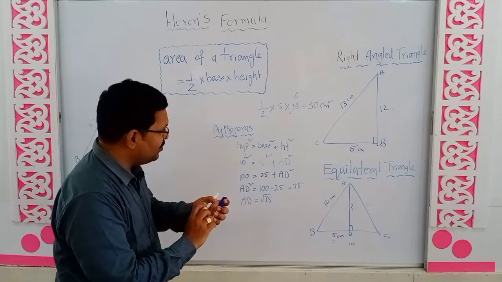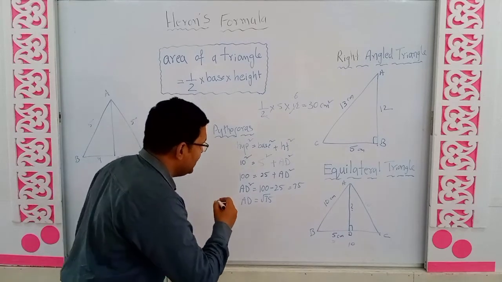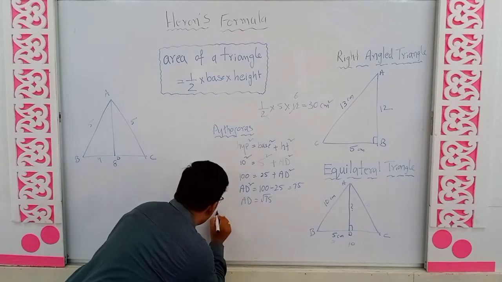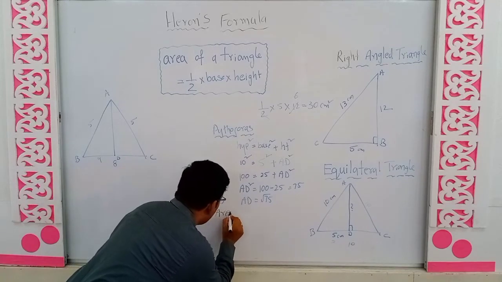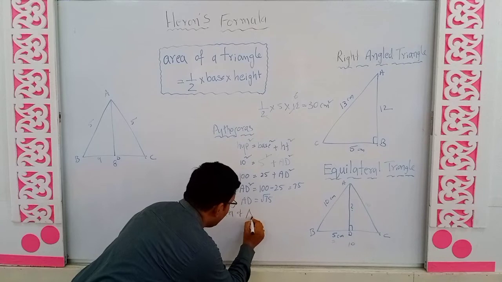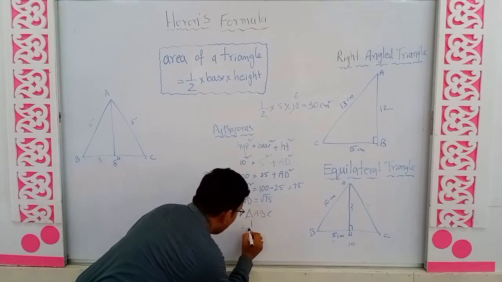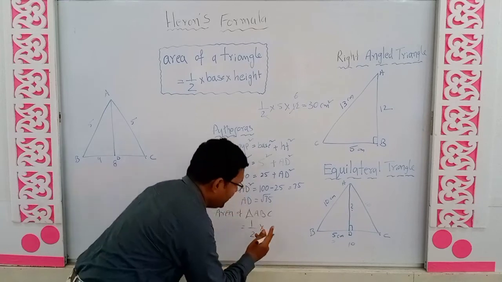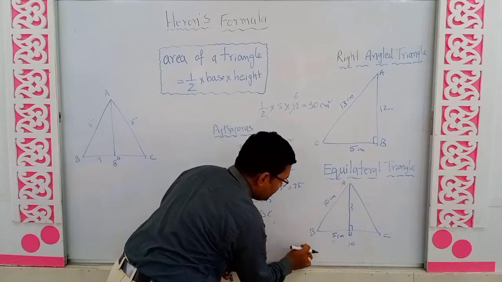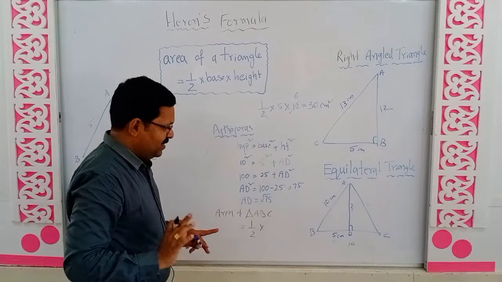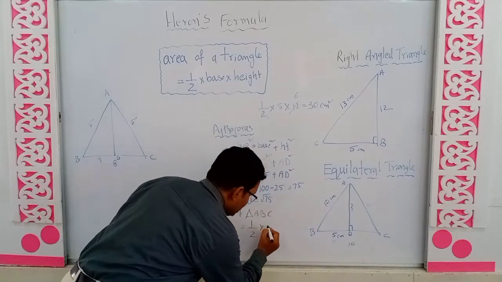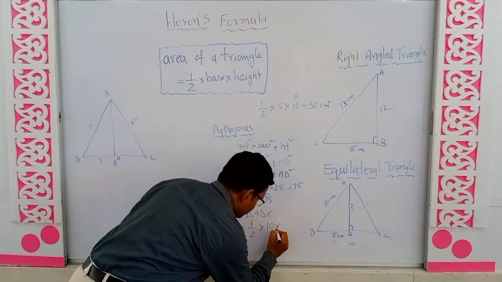Now let us find the area of triangle ABC. What is the area of the triangle ABC? Half into base. What is the base of this triangle ABC? BC. Then what is BC? BC is equal to 10.